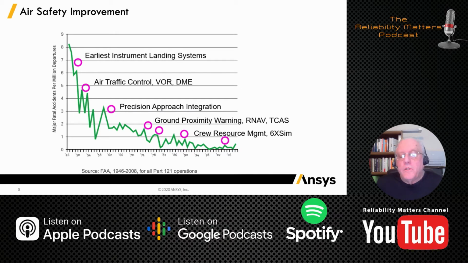And then subsequent to that, ground proximity warnings, which I worked on, and area navigation and the TCAS terminal control around airports. With each subsequent change, you could see that the accident rates continued to go down and down and down.